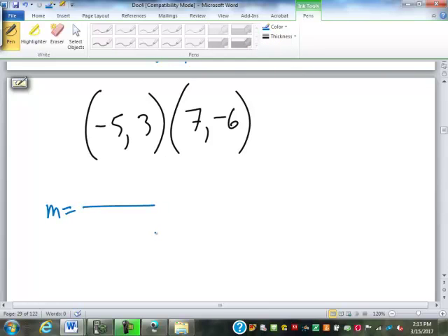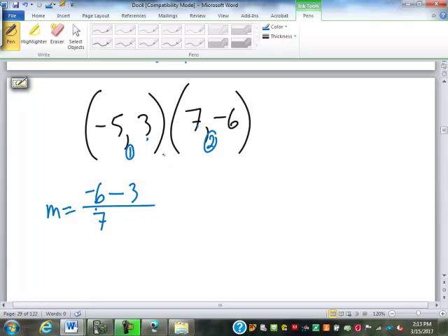If I want to find the slope, where do I start? What's the first number that's going to go in here? Negative 6. Good. If I think of this as point 1 and point 2, negative 6 is the y-coordinate of point 2. Then we're going to subtract. What's the next number? 3. Very good. That's the y-coordinate of point 1. What goes in first down on bottom here? 7.